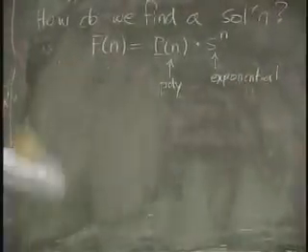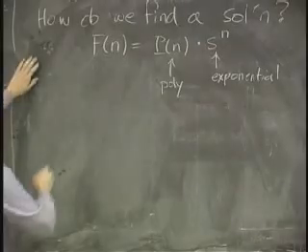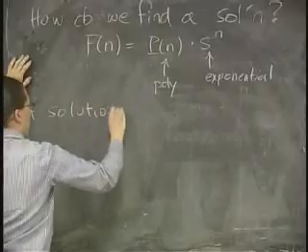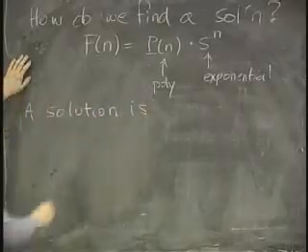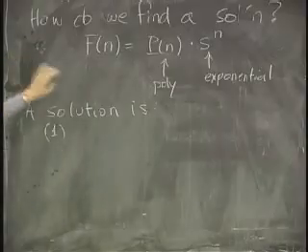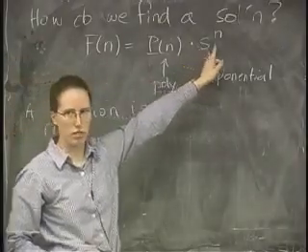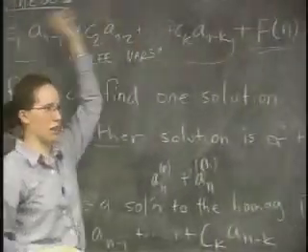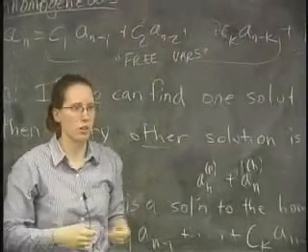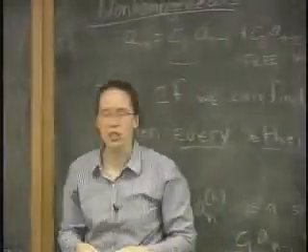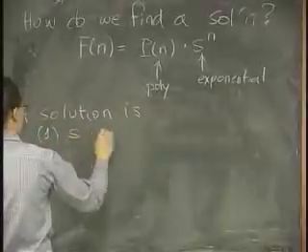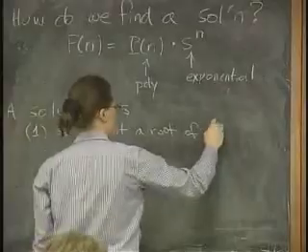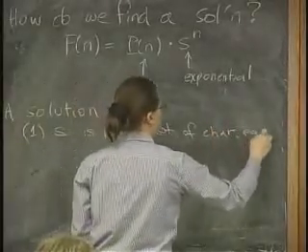So if our function looks like this, then the claim is a solution is, well, there are two cases. S could either be a root of the characteristic equation that comes from this homogeneous part, or it could not be. We're sort of happier if it's not. So S is not a root of the characteristic equation.